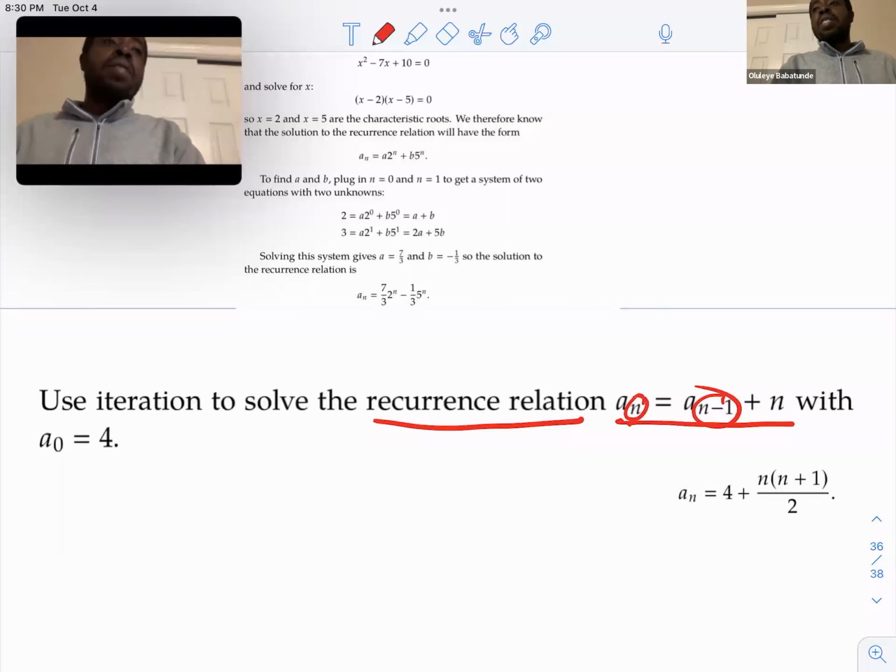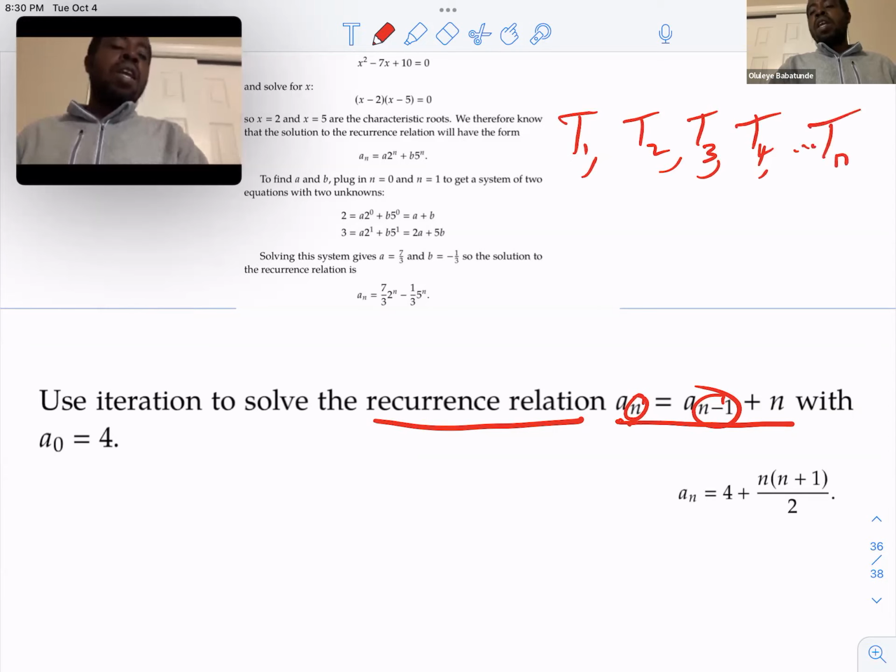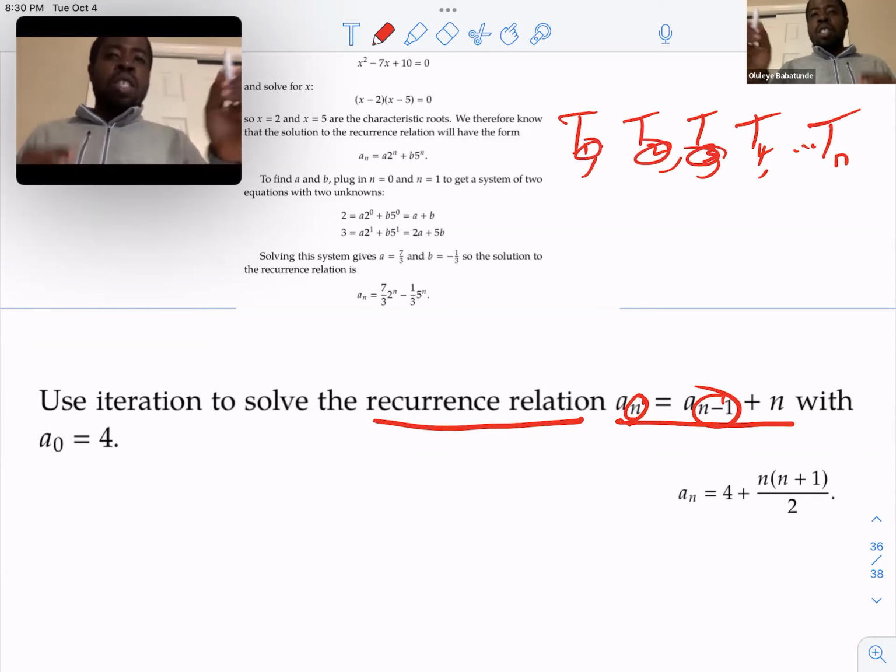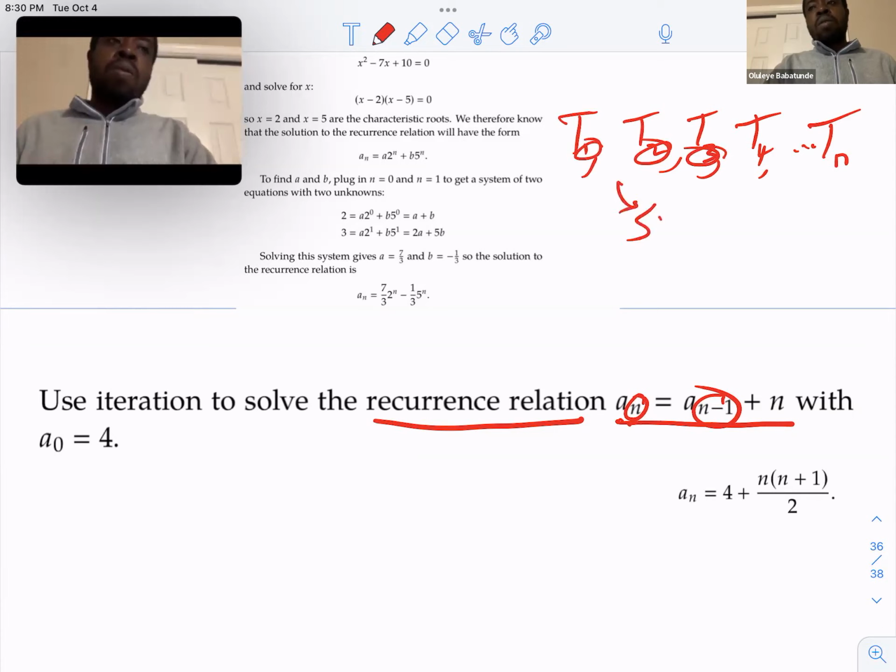Like if you have a list of terms, T1, T2, T3, T4, Tn, these numbers are just positional index or subscripts.